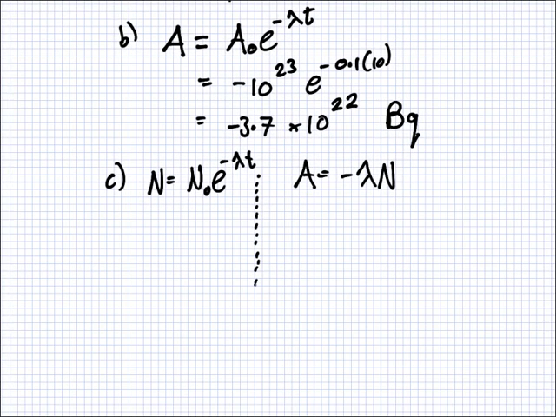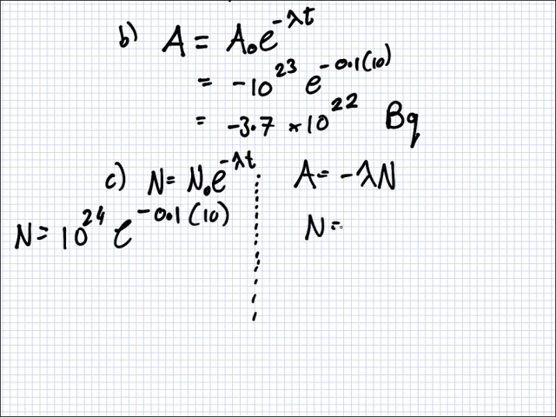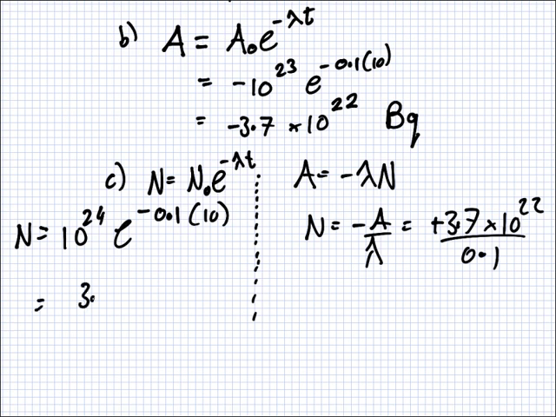Let's look at both. So this one here would be N equals N0 e to the minus lambda t. And this one here, N would be minus A over lambda, which would be plus 3.7 times 10^22 over 0.1. So I think this is 3.7 times 10^23 atoms, and they're both going to be this, I think.